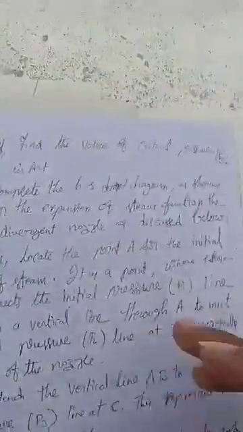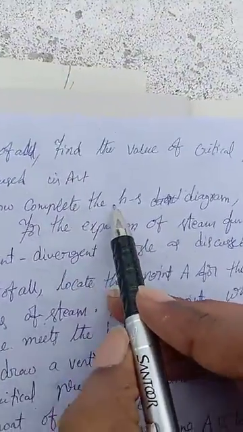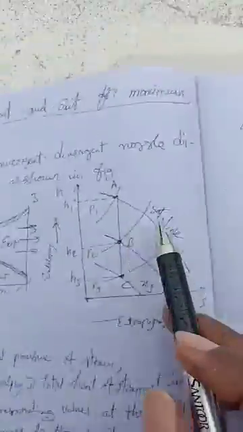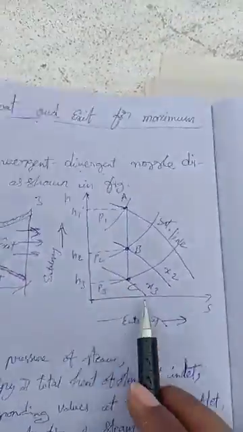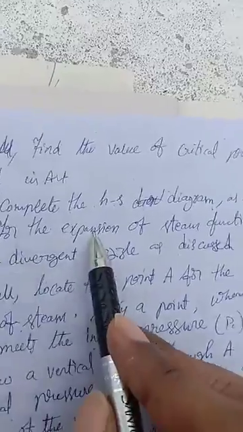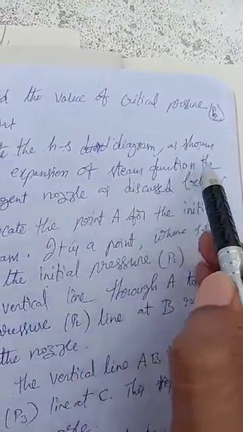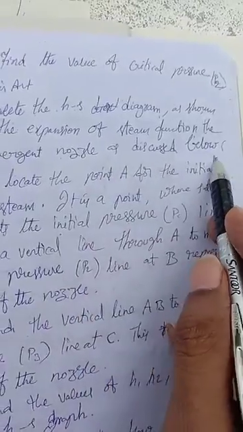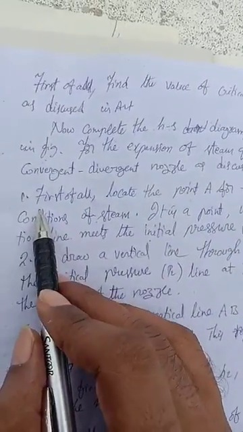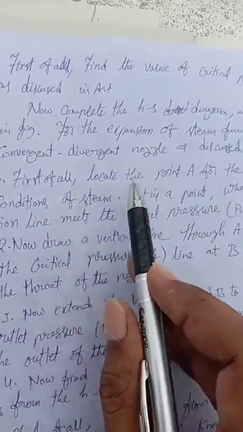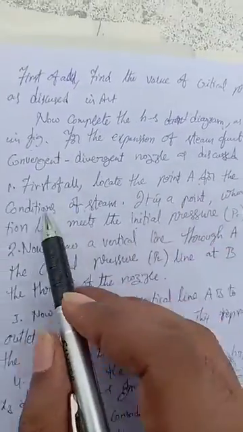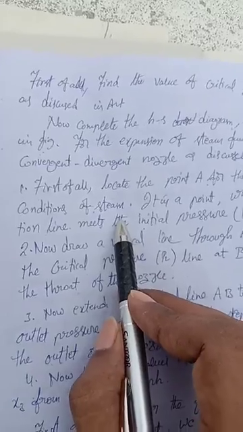ఓకే, now complete the HS diagram as shown in figure. Now this is the HS diagram we see here, for the expansion of steam through the convergent divergent nozzle as discussed below. First of all, locate the point A for the initial conditions of steam.